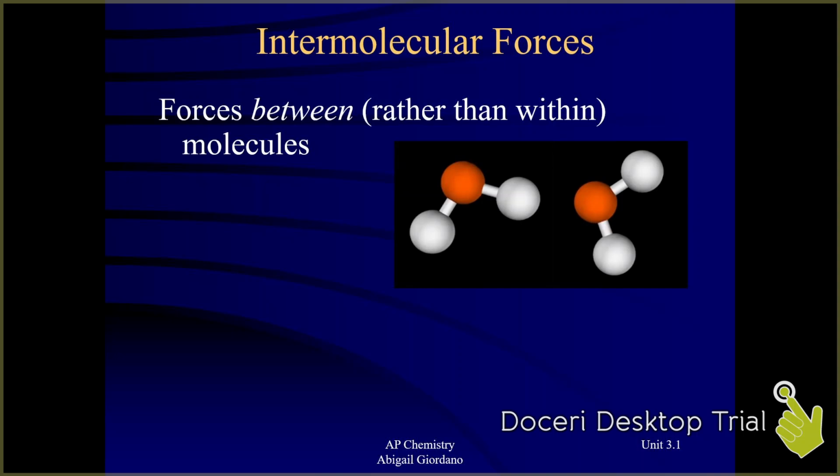So for example, if I was having us examine the connection between those two atoms, that would be an intramolecular force, whereas an intermolecular force, I'm not drawing this very well, would be an attraction between two molecules. So intra is within a molecule, inter is between.